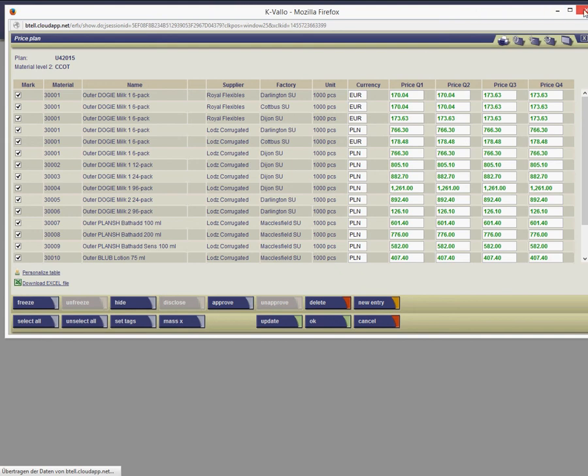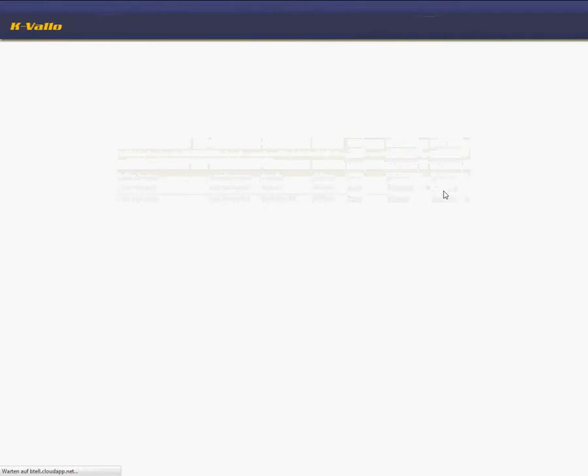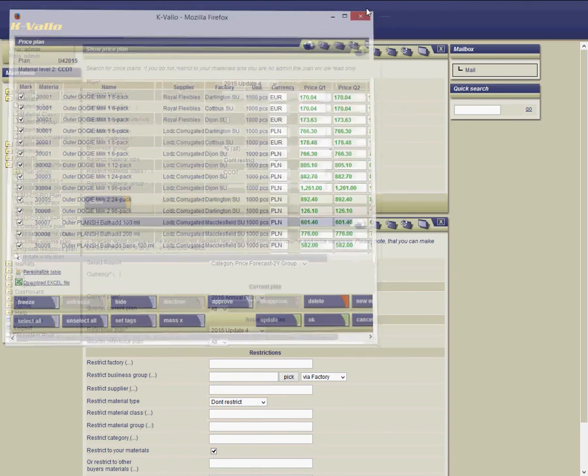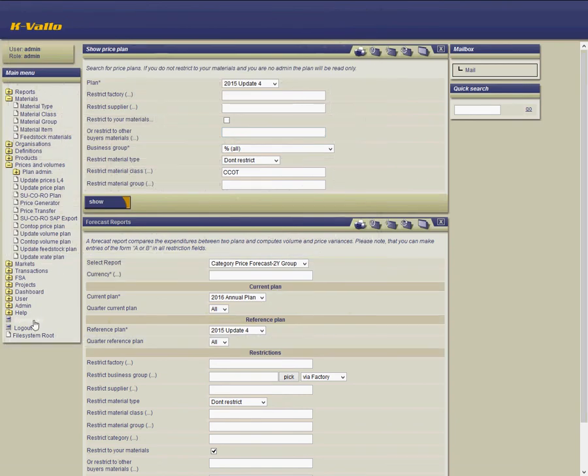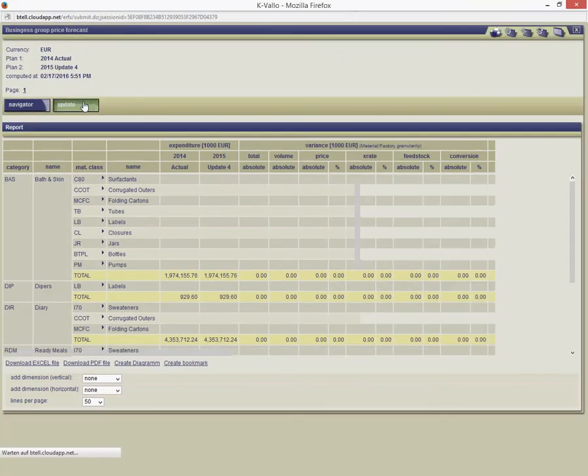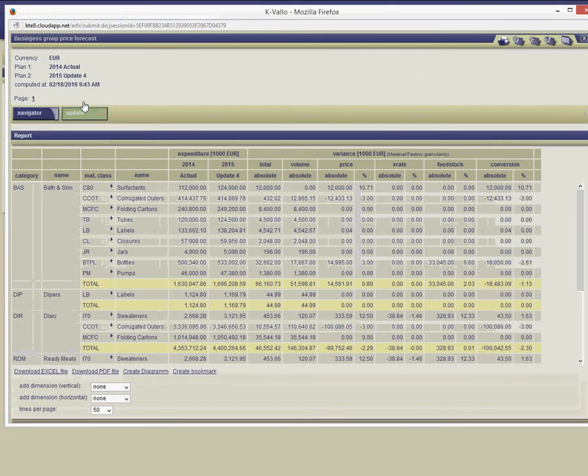If we look now at our little business group report, we can see the corrugated outers have a 3% lower price. It's pure negotiation, has nothing to do with feedstock or exchange rates.